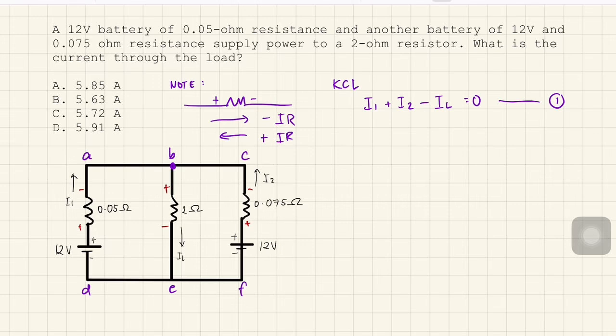Okay, so for loop DABCD, we'll go in this direction. So that's positive 12 minus IR, or 0.05 I1.